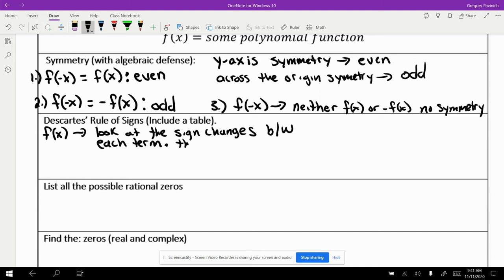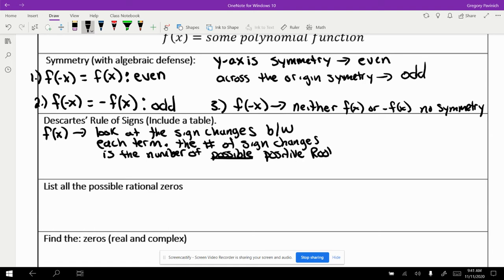Okay, the number of sign changes is the number of possible positive roots. Okay, so that's step one. You're just going to take the original function and you're going to look at the sign changes between each.